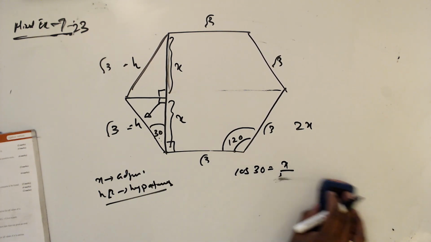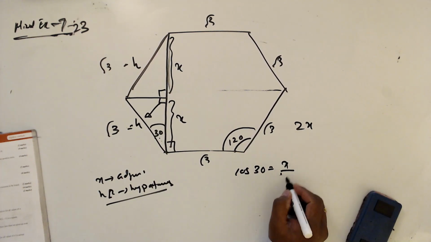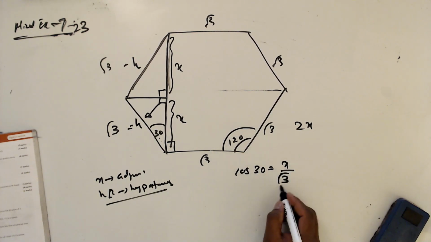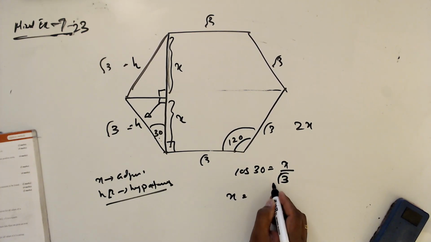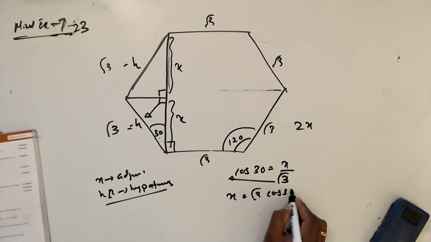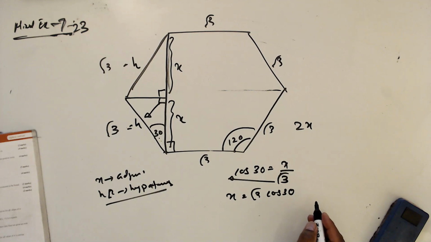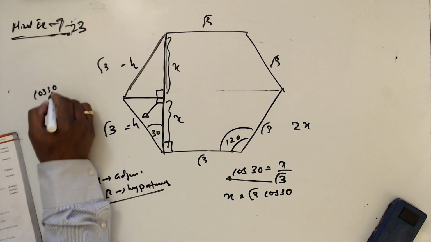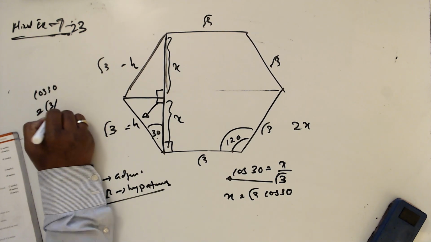You know the h value is square root 3 now. Then x is, cross multiply, square root 3 times cos 30. What is the cos 30 value? Square root 3 over 2.